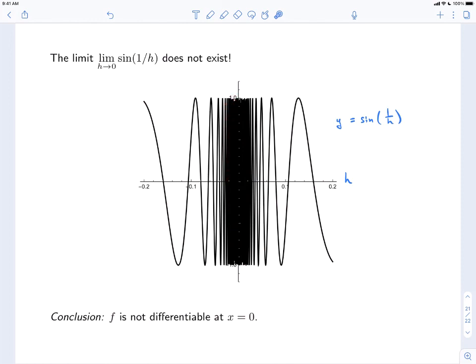And in fact, this limit doesn't exist because the y values here don't approach one value as h goes to 0. Y approaches infinitely many values, every value between -1 and 1. So that limit doesn't exist. If this limit doesn't exist, then that means the limit of the difference quotient doesn't exist, and that means the function is not differentiable at x equals 0.